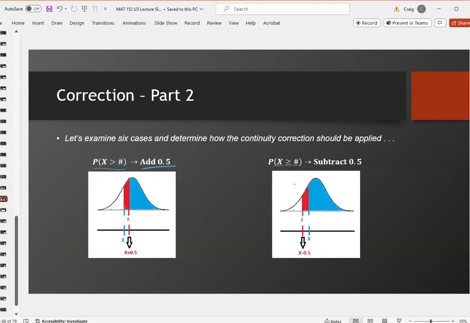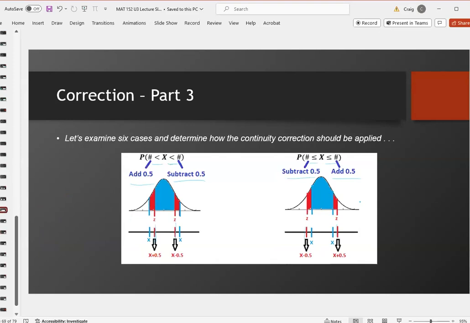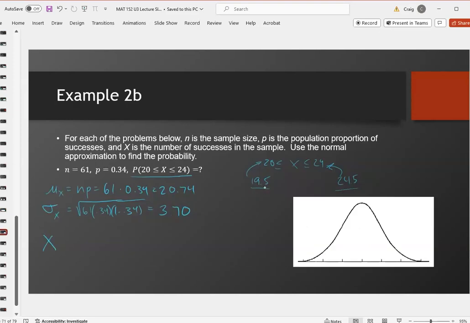If we go back and look, we're going to subtract 0.5 from the lower number, add 0.5 to the higher number. Anything above 19.5 gives us 20. Anything below 24.5 gives us 24. So those are the x values that we use. X1 is 19.5, X2 is 24.5.